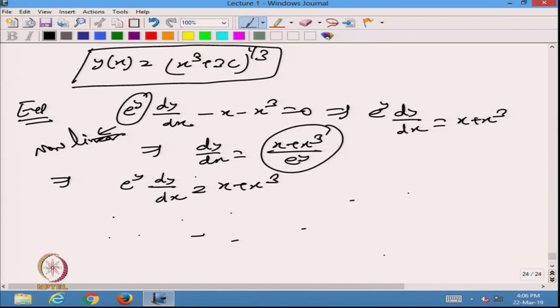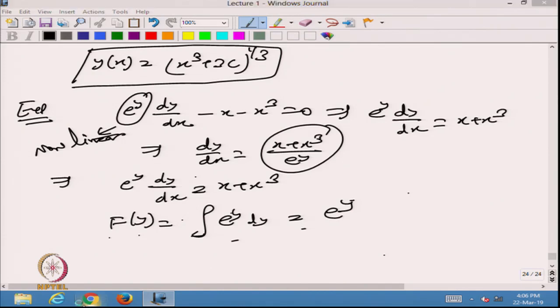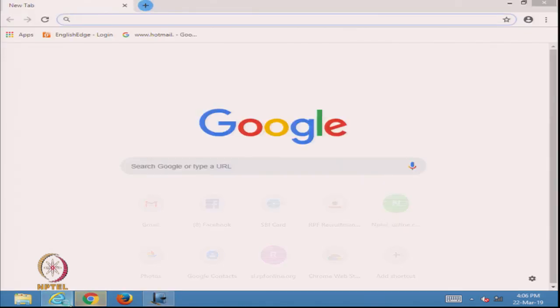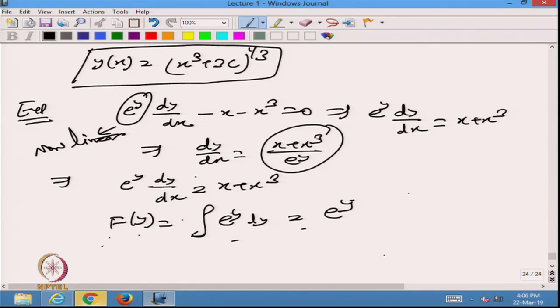So, in this case I want to find my F(y) first. So, F(y) will be the integration of e^y with respect to y. So, that will be e^y, and from there I can say that d over dx of F(y) is equal to x plus x cube, where F(y) is this one. So, from here I can solve this one further.